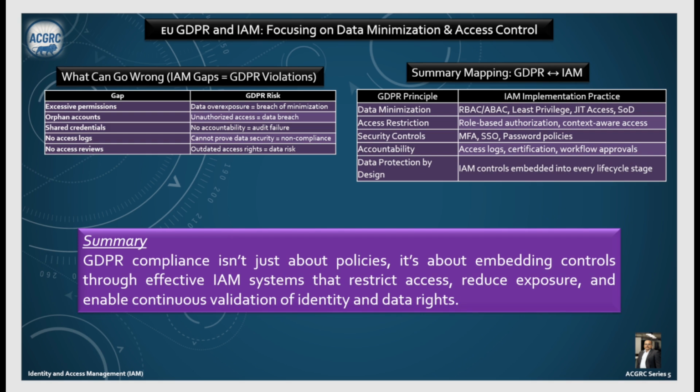In summary, from a GDPR perspective, if you look at the mapping, data minimization in GDPR is equal to RBAC, ABAC, least privilege, JIT access, SOD. When it comes to access restriction from GDPR, it's role-based authorization, context-aware access. When it comes to security controls in GDPR, it's MFA, SSO, and password policy in IAM. When it comes to accountability in GDPR, the equivalent is access logs, certification, workflow approval.